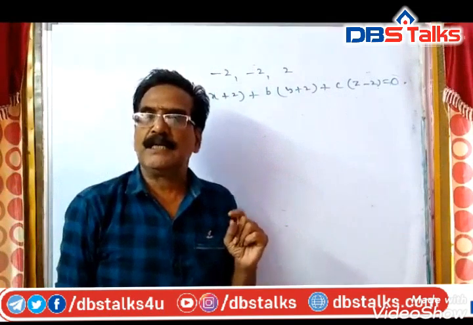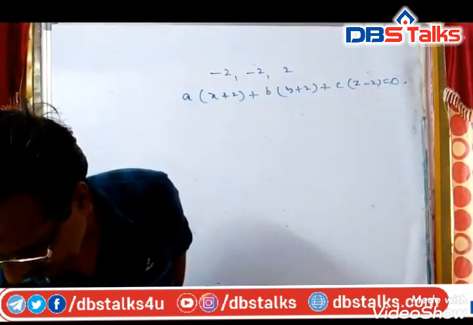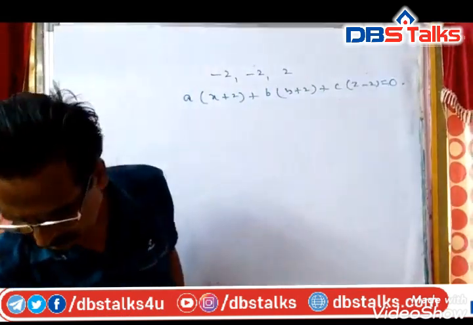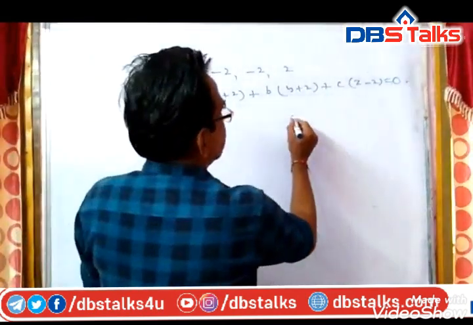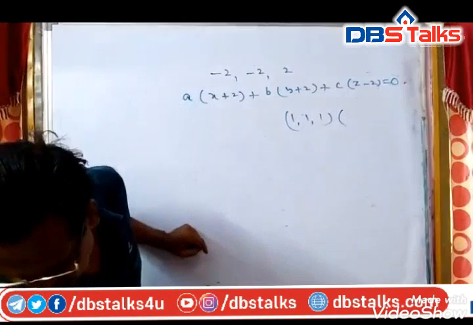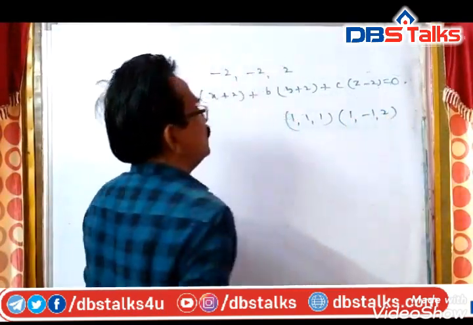And what else do we want? The plane contains the line joining the two given points, (1, 1, 1) and (1, -1, 2).